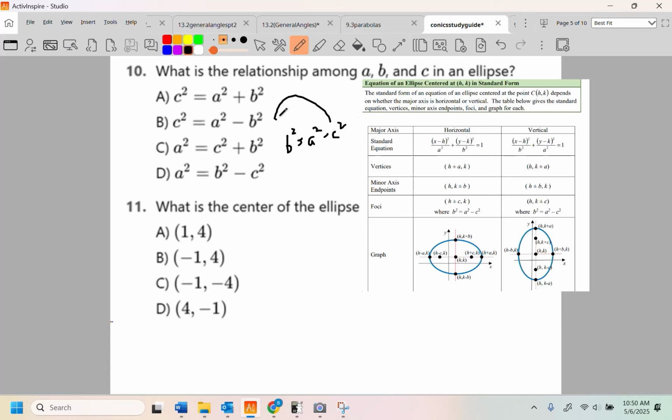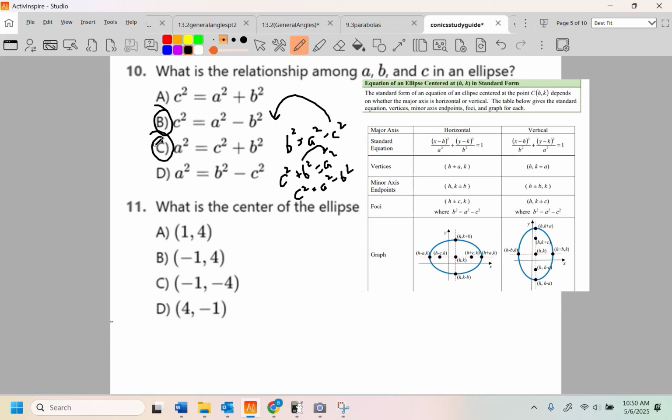Well, if we move this over here, we'd have c squared plus b squared equals a squared. And then we would just move that over there. So c squared is a squared minus b squared. That's what I'm looking for, which is choice B. It's not too bad. Is there another one up here? Because sometimes ChatGPT makes mistakes. This one's also true, isn't it? That a squared is c squared plus b squared. That is also true.